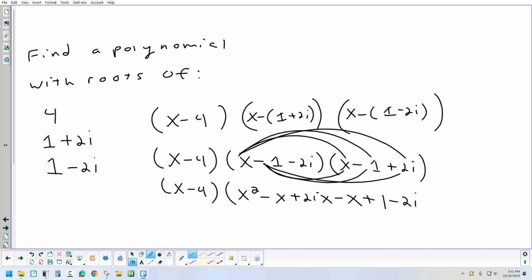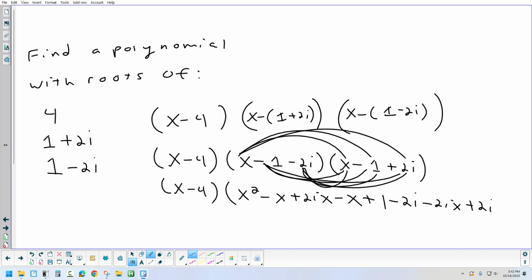Okay, now we got one more. What's negative 2i times x? Negative 2ix. Yep. What's negative 2i times negative 1? Plus 2i. And what's negative 2i times positive 2i?